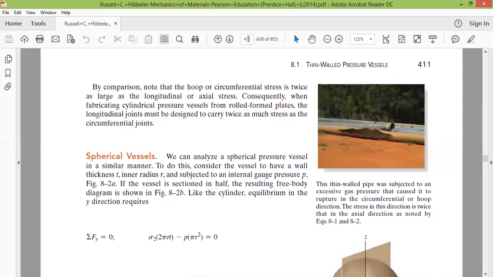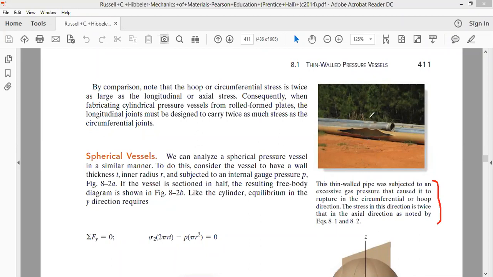It says at the bottom, this thin walled pipe was subjected to an excessive gas pressure that caused it to rupture in the circumferential or hoop direction. The stress in the hoop direction is twice that in the axial direction. So this type of failure we often see in pipes used for transportation of gas.